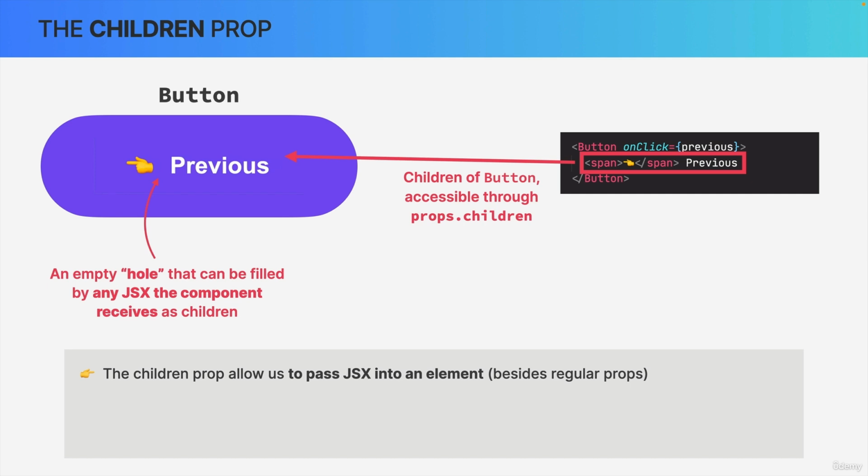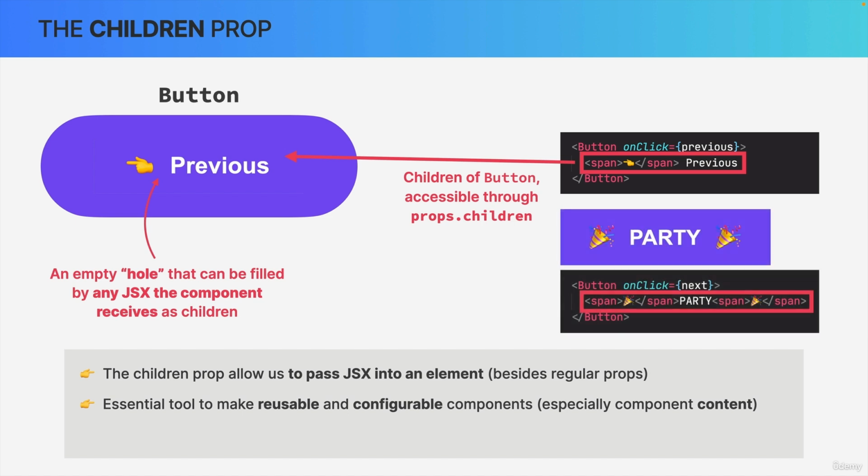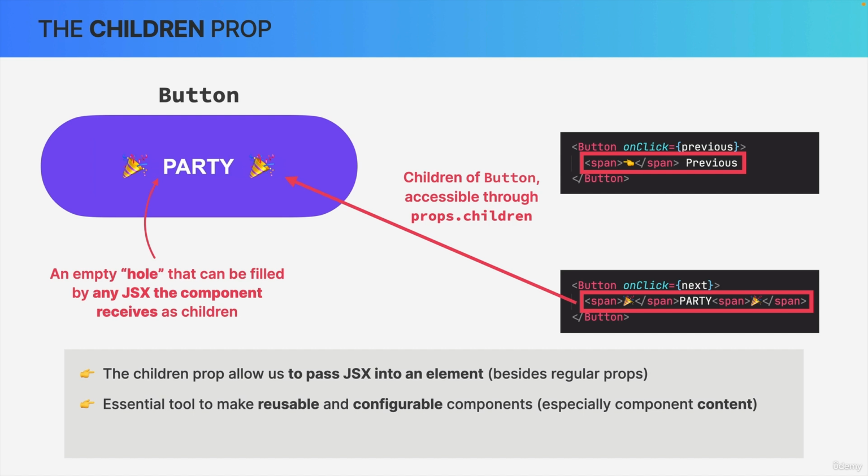So the children prop is really an ideal way of making reusable and configurable components, especially when it comes to the content of the component. For example, let's say that we wanted to create a second similar button, but with some other emojis and text. Well, now that we know about the children prop, that is really easy. All we have to do is pass in some different JSX, and then the button gets completely different content.